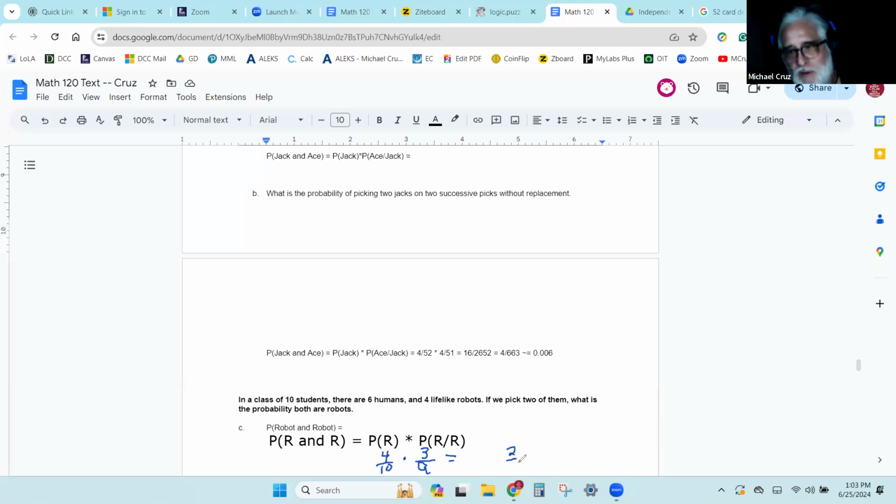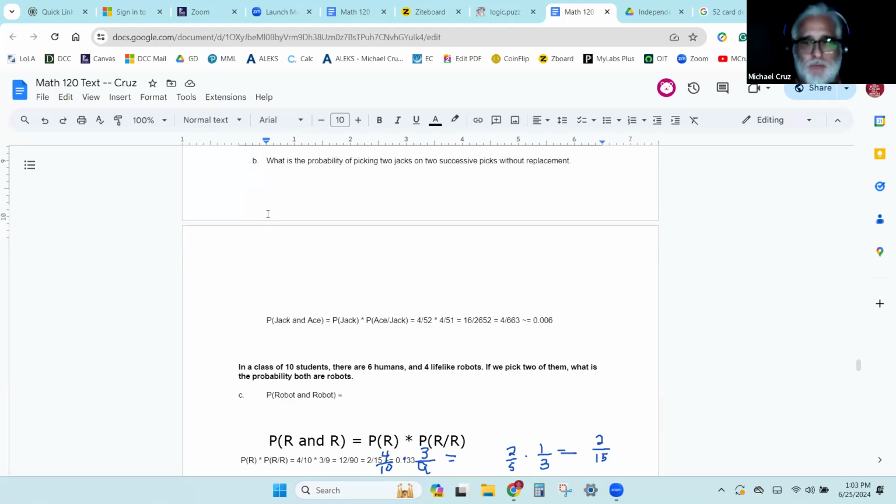So that's going to be 2/5 times 1/3. And now, see, there's nothing common between these two, so the multiplication will be easier. So 2/15.